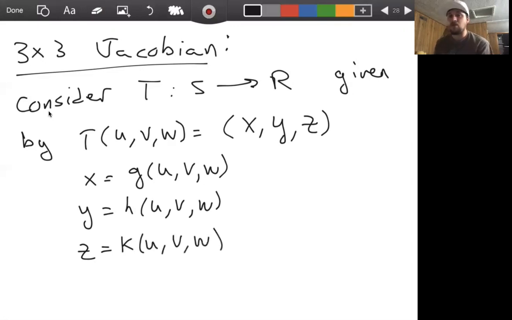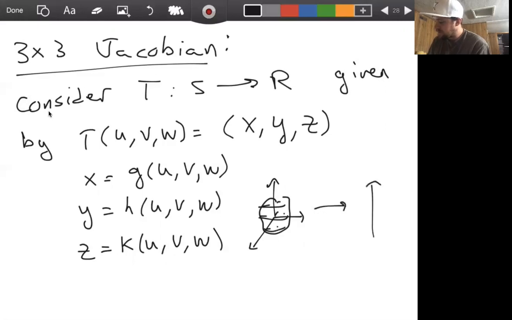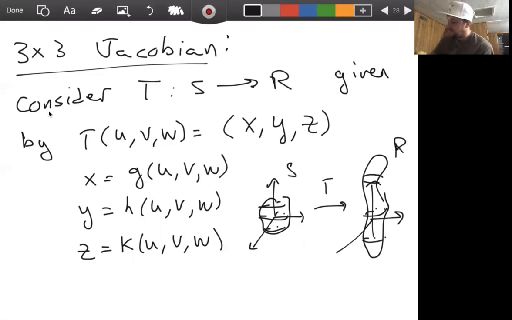And so we have this 3×3 transformation now that would be taking some 3D region and mapping it to some other 3D region, maybe like this. We would have S, T, R, something like this. And now we want the Jacobian for the transformation T.